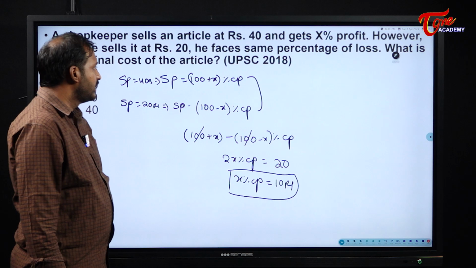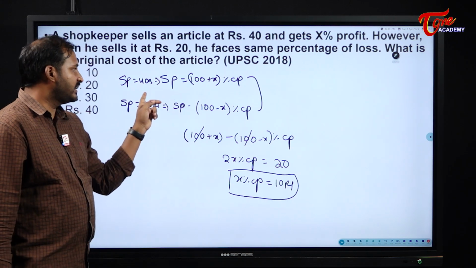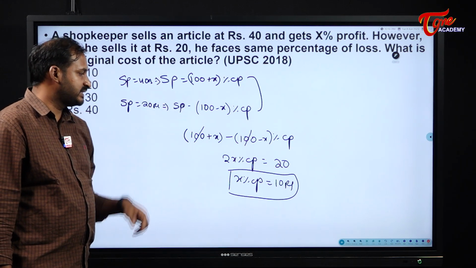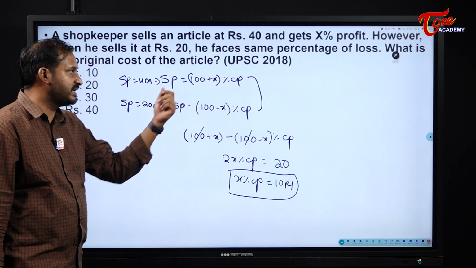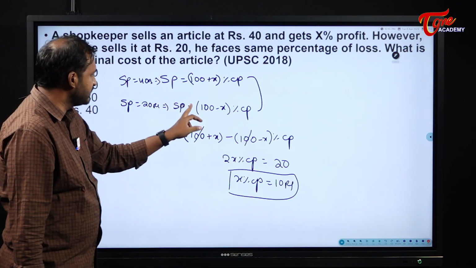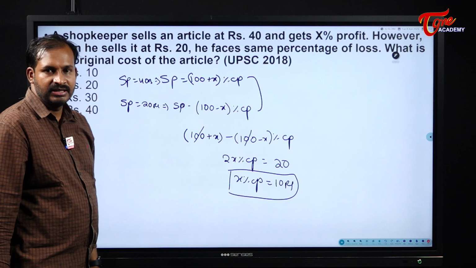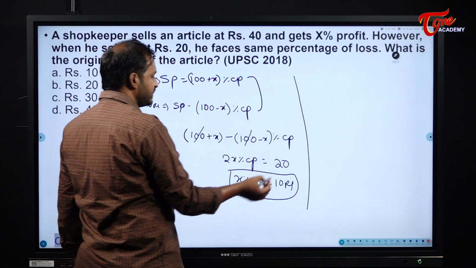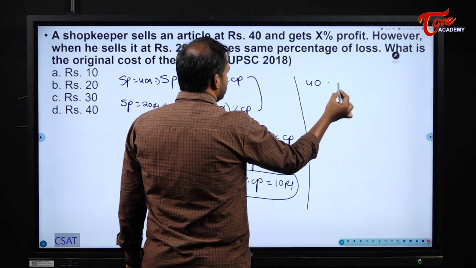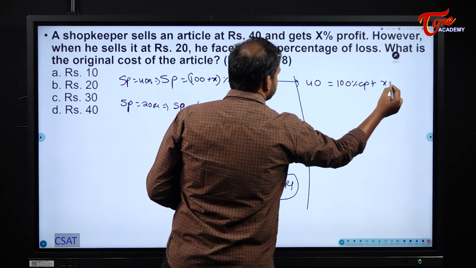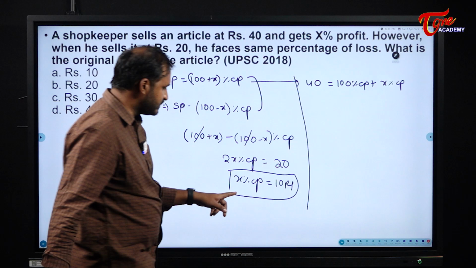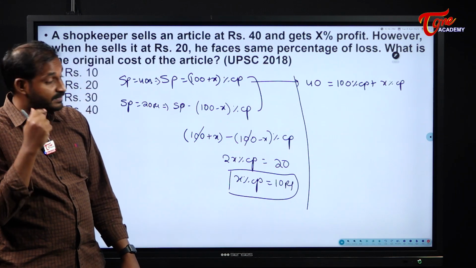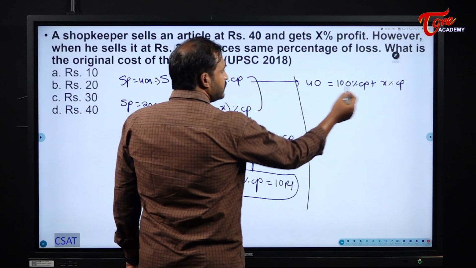Now please see here, when the SP is 40 rupees, what is the relation between SP and CP? You can substitute this in this one or in this one. In both cases, you will get the same result. If I substitute in the first one, what will I get here? 40 is equal to X% of CP. And just now we calculated X percentage of CP is 10 rupees.